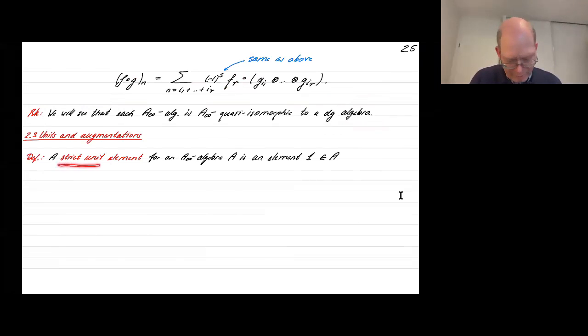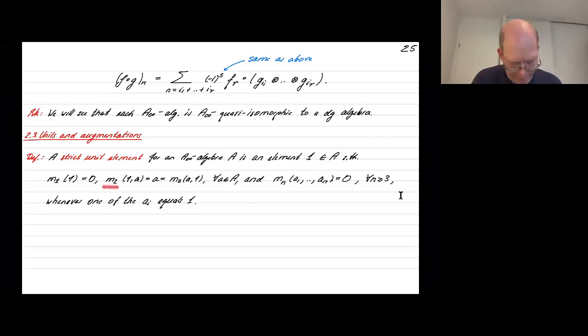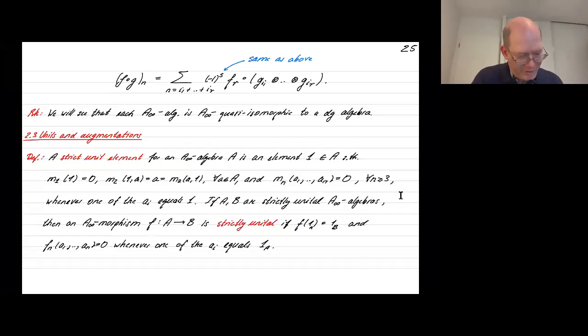First, the notion of strict unit, which already appears in Stasheff's work. A strict unit is the strictest possible notion. It's an element 1 in A, which is a unit for M2, and such that the higher multiplications vanish whenever one of the arguments equals our unit. So the unit does not interfere in the higher multiplications. And then we have the natural notion of strictly unital morphism between strictly unital algebras.